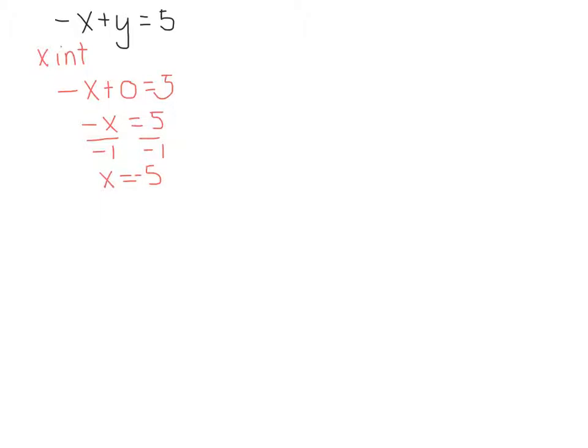I want to do the same thing with my y-intercept. I'm going to plug in 0 for x and solve for y. This one's pretty easy because the 0 just cancels out. We're just going to get y equals 5. There isn't anything else for us to do. Now we are going to graph this.